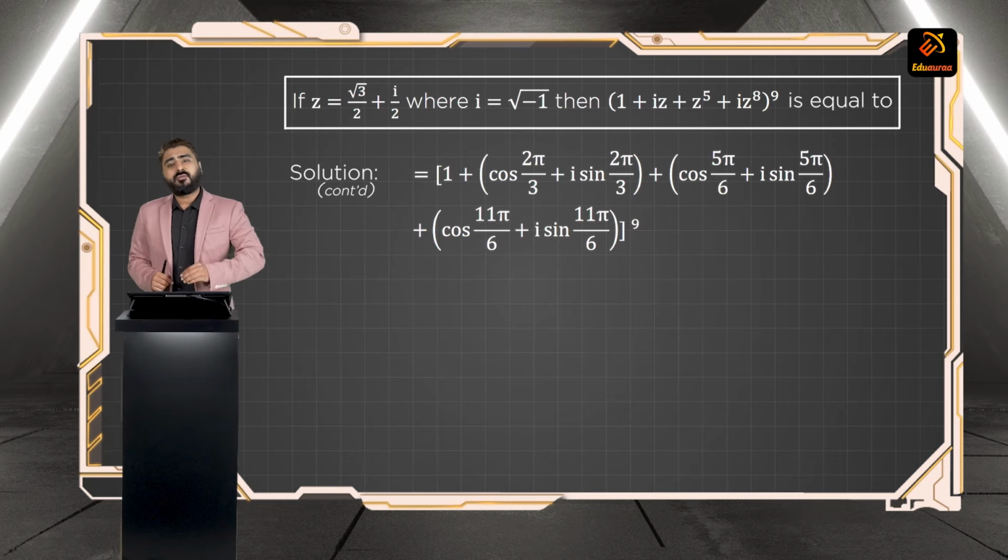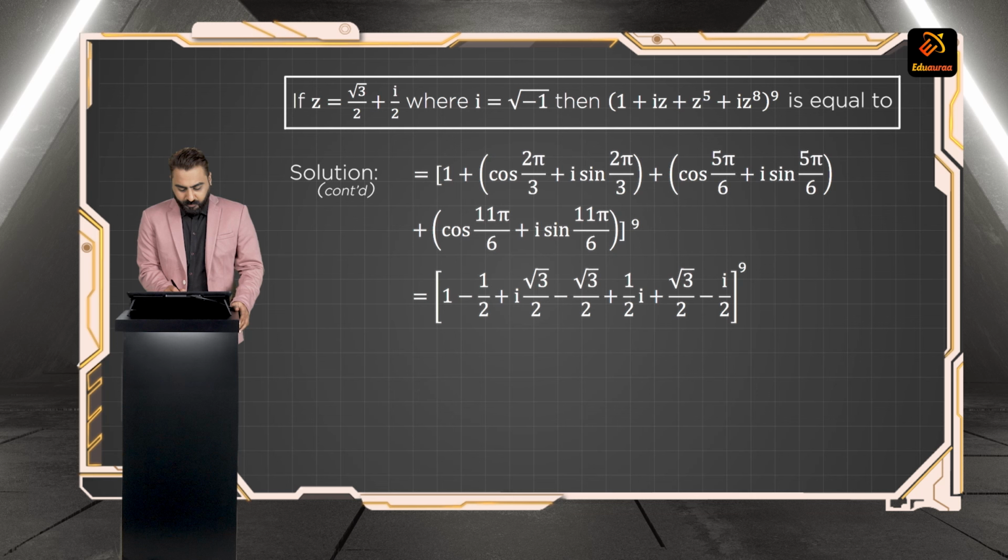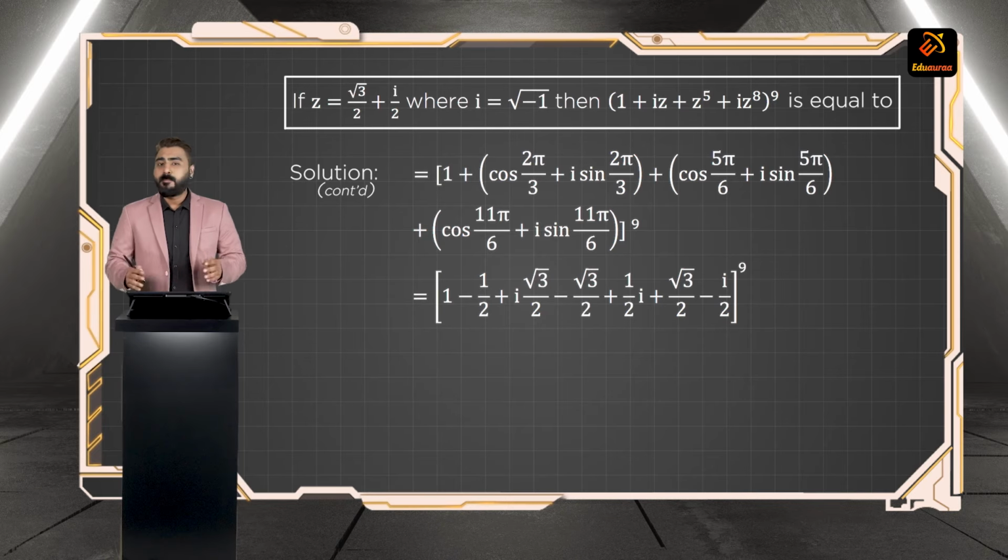Now students, we just have to apply the formula of basics with the help of our trigonometric table. So when we apply this formula, we will get the next step as 1 minus 1 by 2 plus i root 3 by 2 minus root 3 by 2 plus 1 by 2 i plus root 3 by 2 minus i by 2, whole raised to 9.